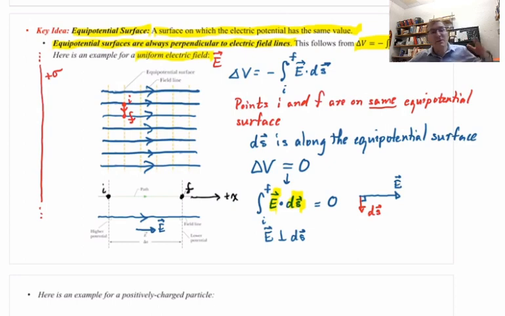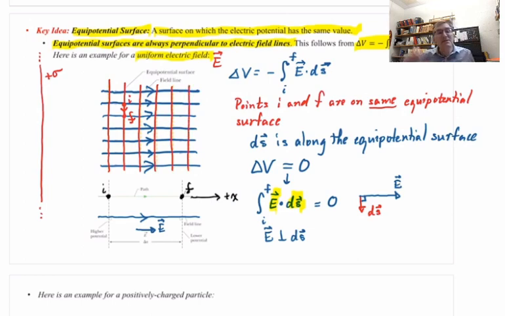Well, the electric field lines point to the right. So the equipotential surfaces must be up and down. And I'll draw some of them here. I'll draw them in red. Now you're looking at a flat plane on the side, so it looks like a line. And I'm drawing a series of them, a family of these equipotential surfaces.